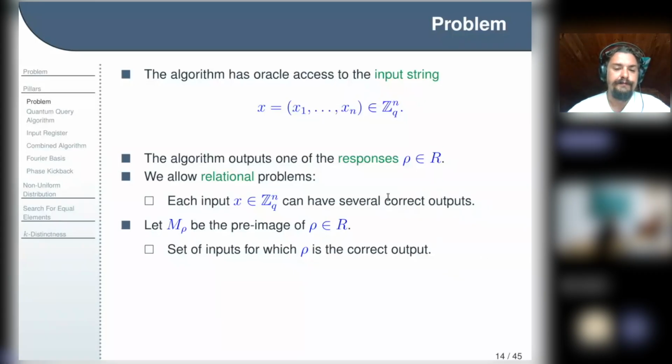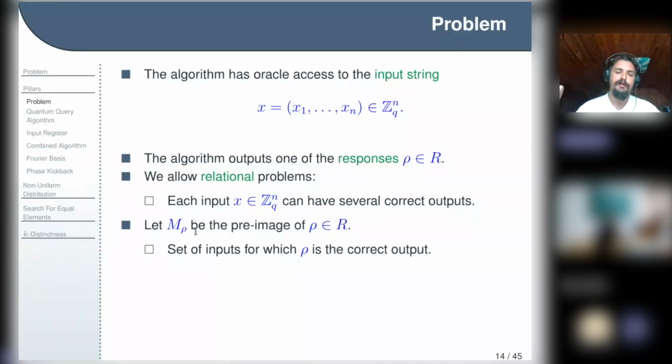There will be a piece of notation that I will remind you what it means when we come up to it. So M_rho will be the pre-image of rho. This is the set of inputs for which rho is the correct output.